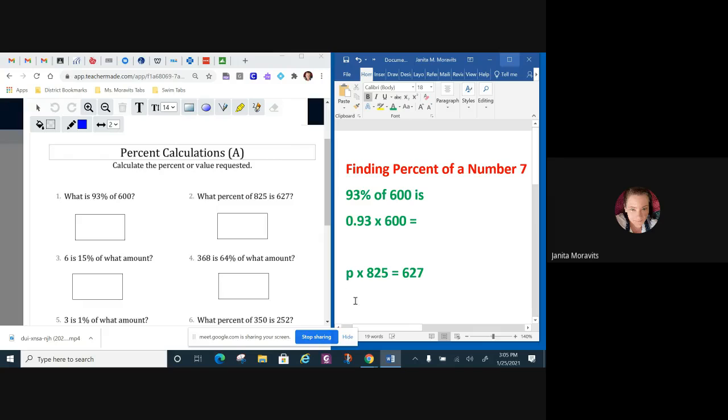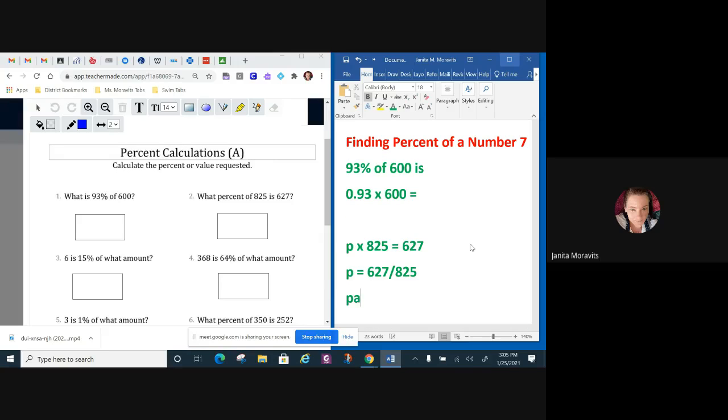Well, remember that we divide because we don't know the percentage right here. So we're going to take our part and divide it by the whole. So we're going to say p equals 627 divided by 825, because we're taking the part and dividing it by the total or the whole, and that will equal our percentage.